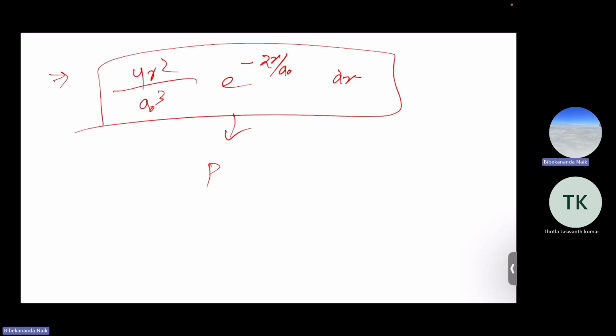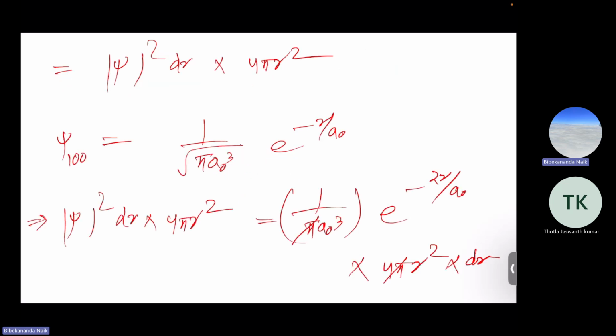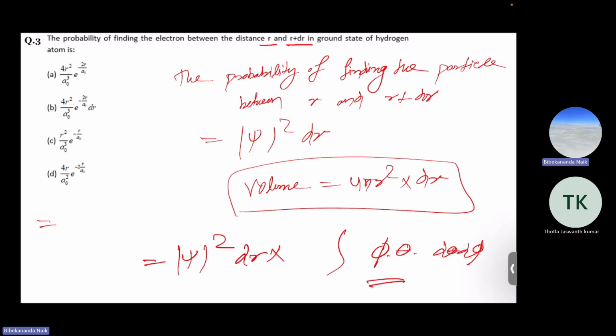So it will be 4 r square divided by a0 cube e to the power minus 2r by a0 into dr. This is the probability. So the correct option will be option B.